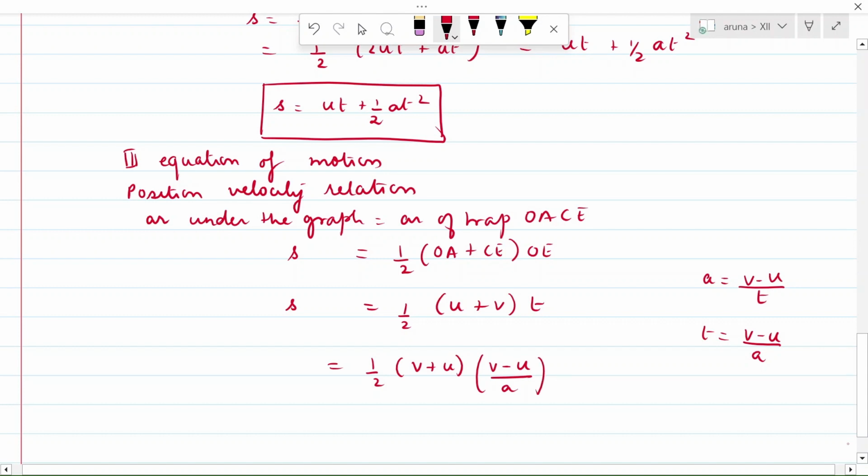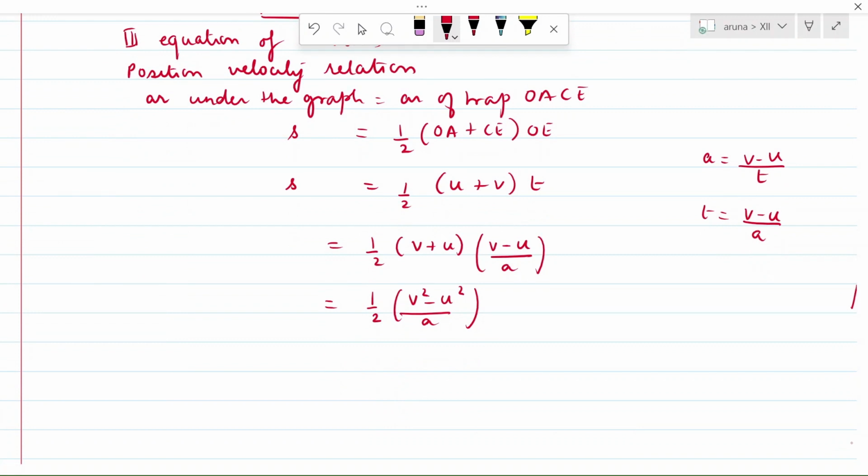The numerator is like a plus b into a minus b. So you can use the identity and write it as v square minus u square upon a. Cross multiply, 2as is equal to v square minus u square. So this is your third equation of motion.